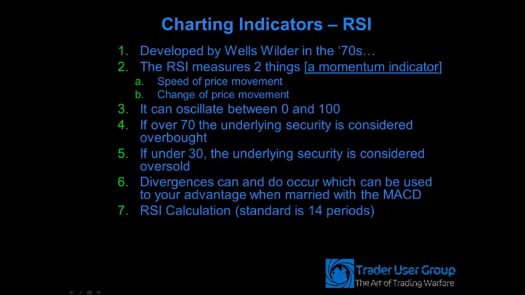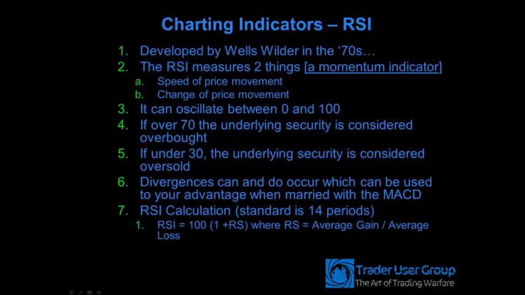Now the RSI calculation, it's a standard 14 period look back, and it could be just as easily said as a standard 14 bar period. So again, whether you're using 1 minute bars or 1 day bars or 1 week bars, it's 14 bars that it goes back to do its calculation. And what is the calculation? Well, it's very simple. You take the average gain and you divide it by the average loss.